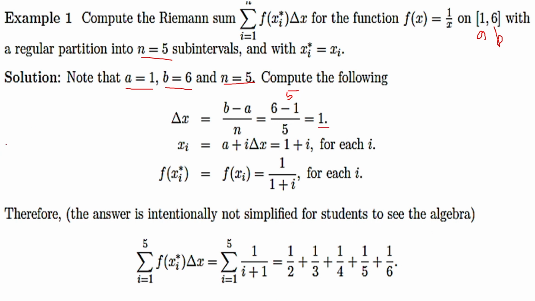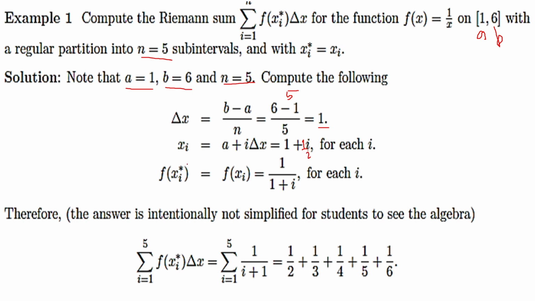Our x sub i is equal to a plus i times delta x, or it can be delta x times i. Our a is 1 plus i. Why i? Because it will be 1 times i, so it can be just i for each i.